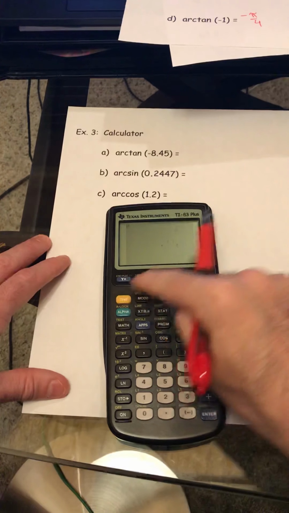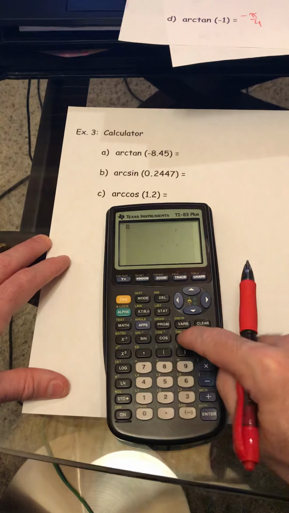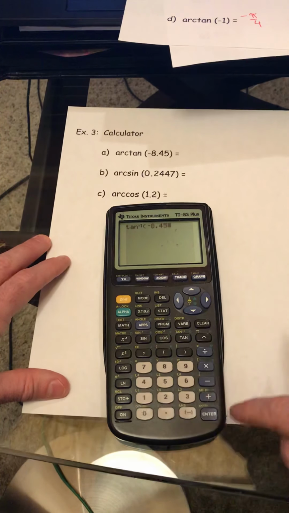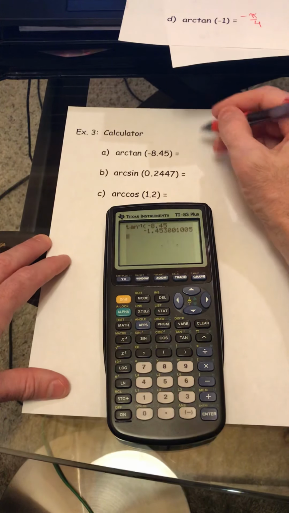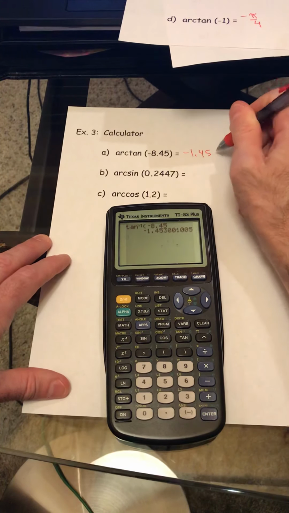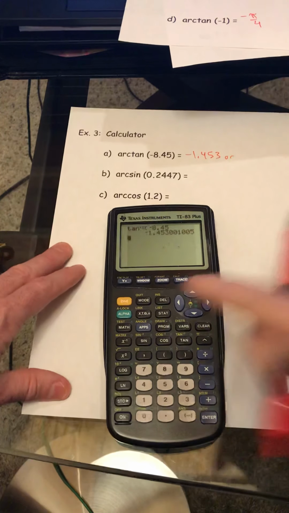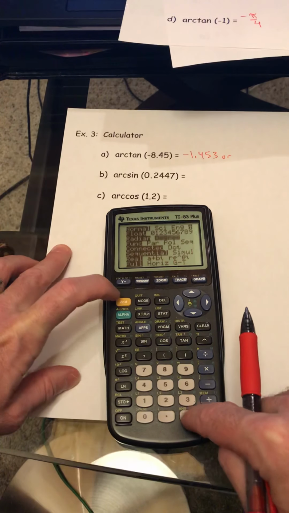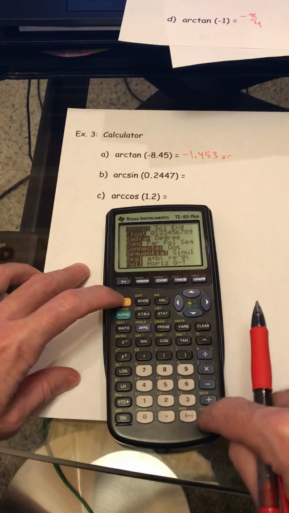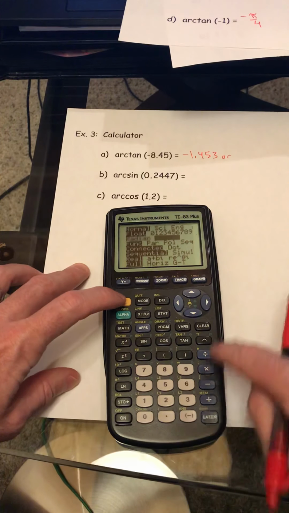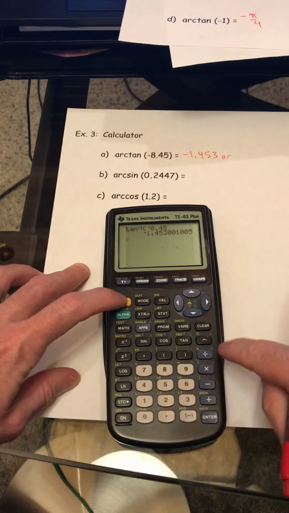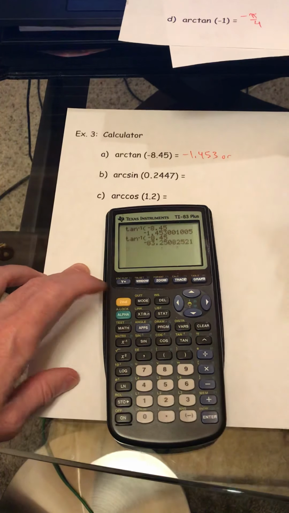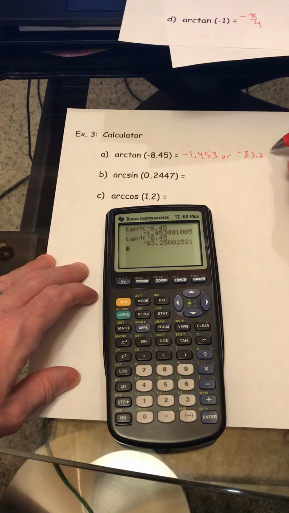well, if you take inverse tangent of it, you either get negative 1.453, or if I go back and change it to degrees, negative 83.25 degrees.